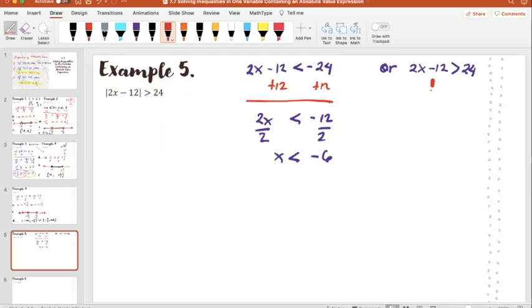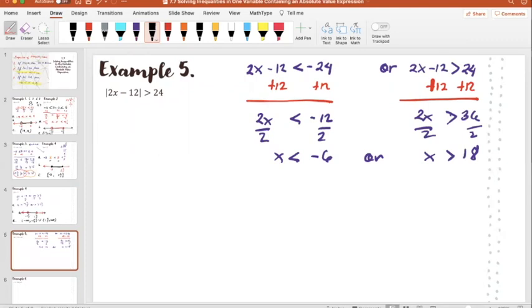This is plus 12, plus 12. The result will be 2x greater than 36. Divide both sides by 2. X is greater than 18. We put or here. That's the solution of our inequality.